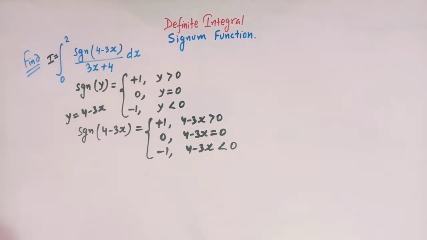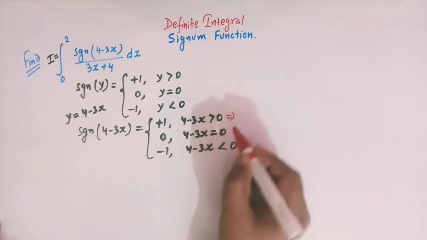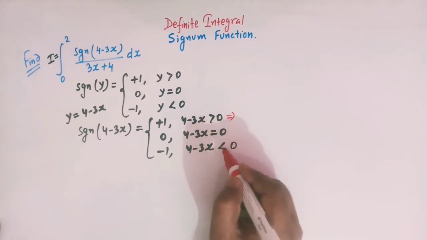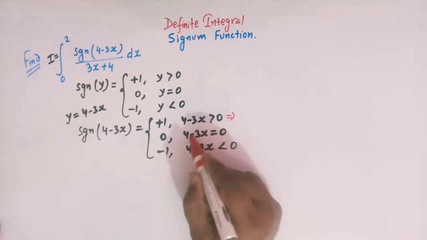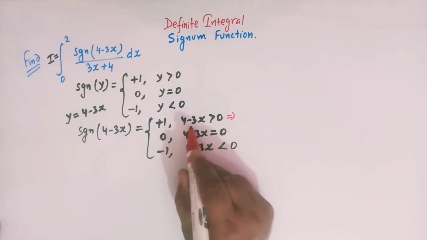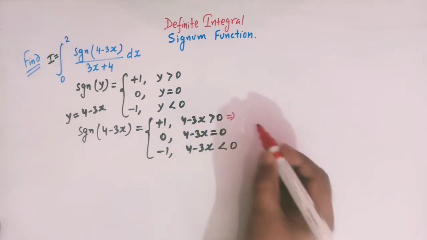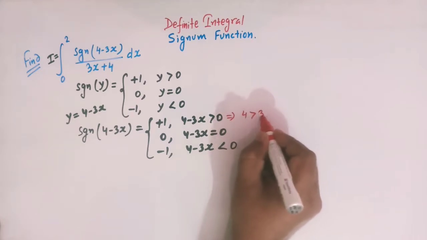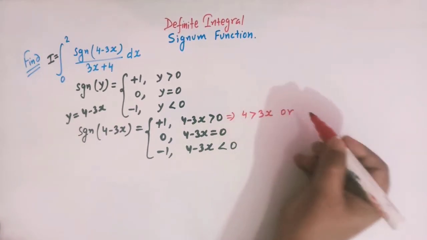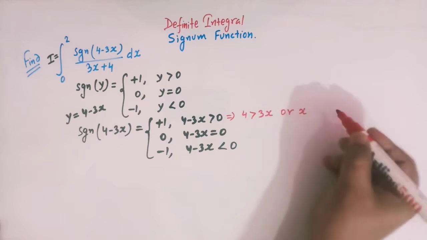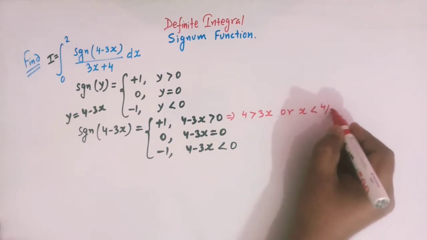Now we will solve these two inequalities along with this equation. So 4 minus 3x greater than 0 implies 4 is greater than 3x, or we can write x is less than 4 over 3.